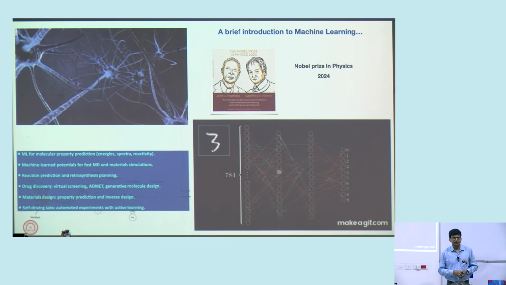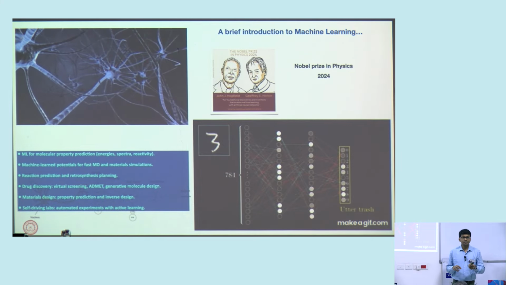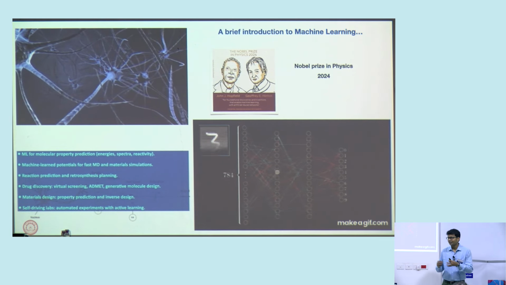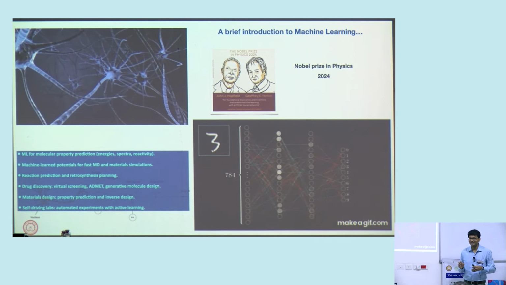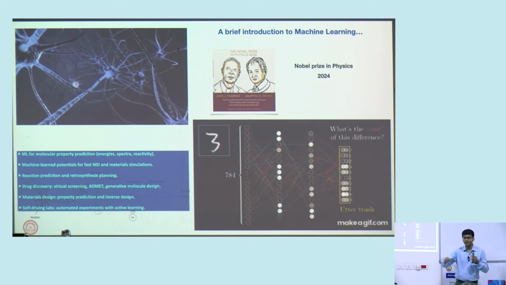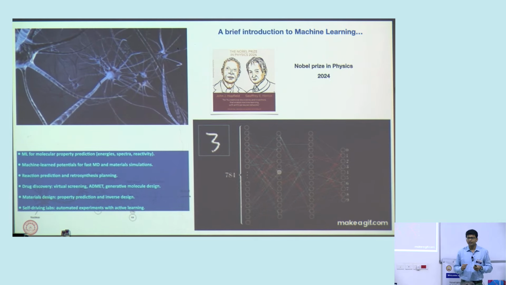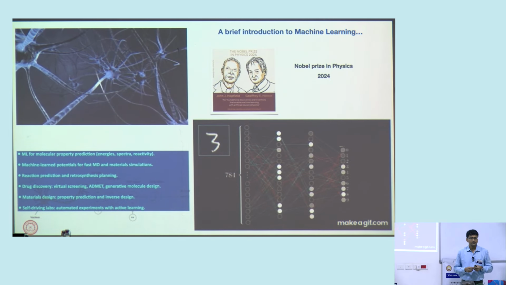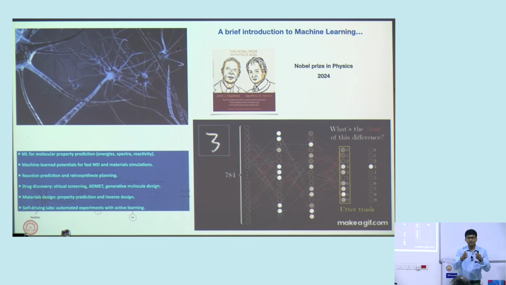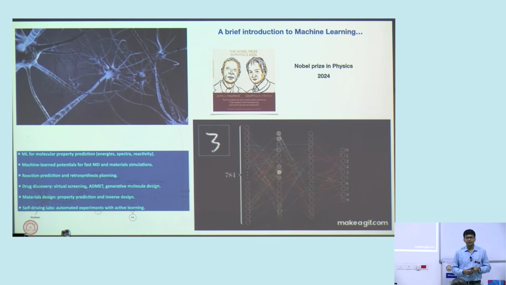Self-driving labs, whatever we do in experiments. I'm not so familiar with experiments, so pardon me if I say something not so pleasant for experimentalists, but imagine that you have a set of reactions that you plan to do tonight or this afternoon, hundreds of reactions, where you want to do the combinations A plus B plus C with certain proportions, let's say mole fractions.